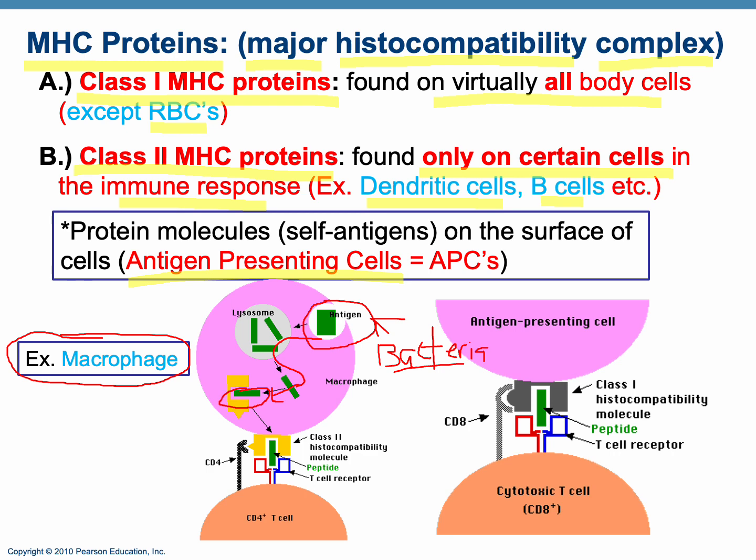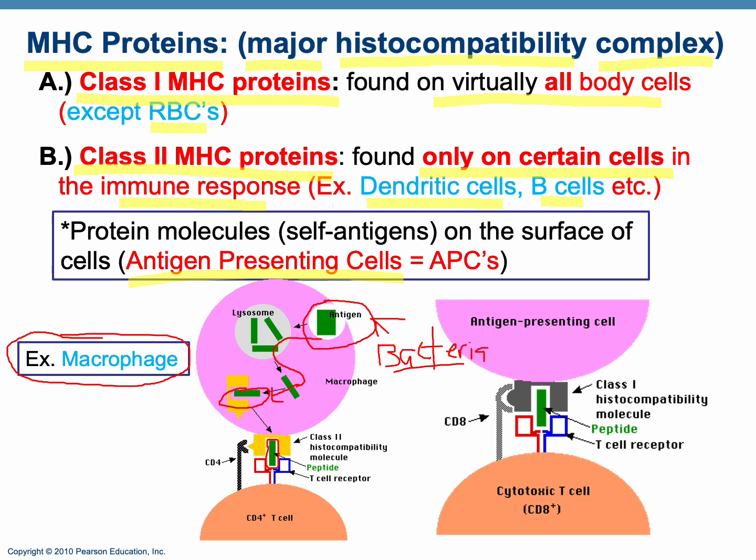So here's a small fragment. The class 2 MHC protein will be found on the surface here of the macrophage. And there's a docking spot where the fragment of the bacterium would be, such as here. So it's found within the docking of the class 2 MHC protein. That class 2 MHC protein literally acts like a dock, I guess is one way to think about that.